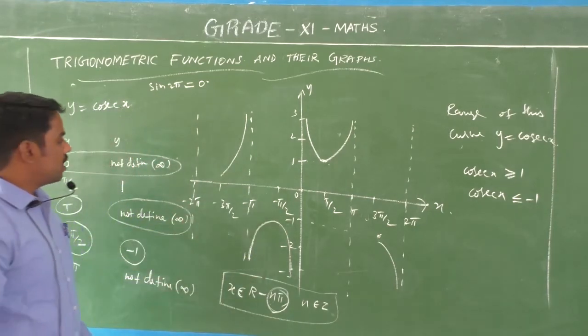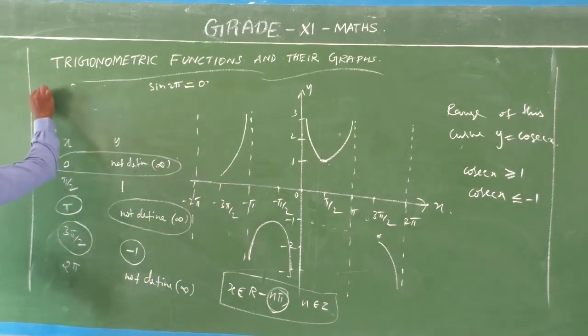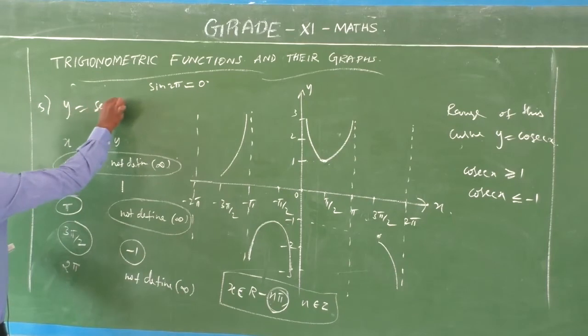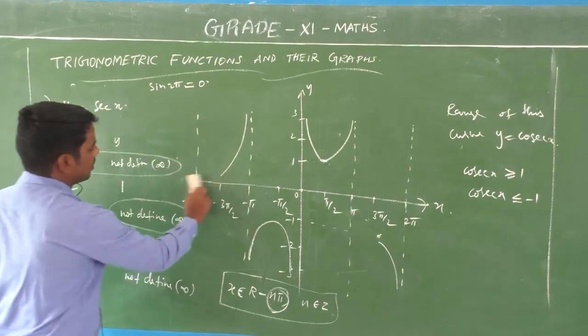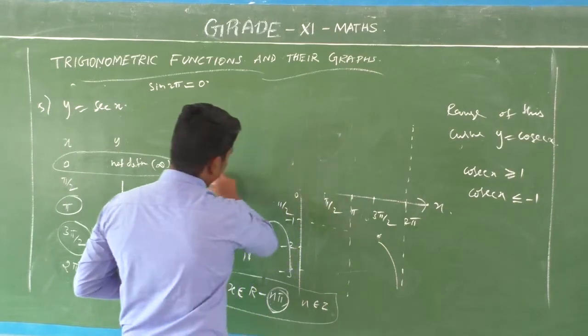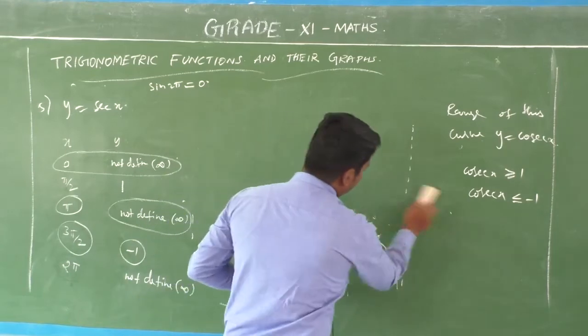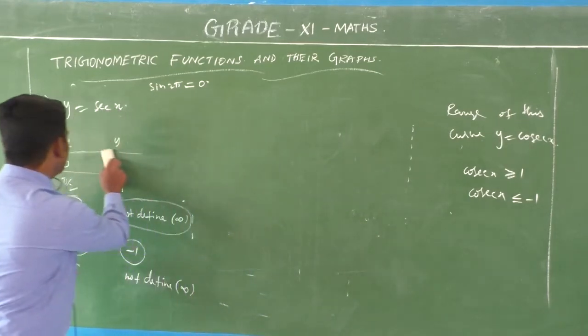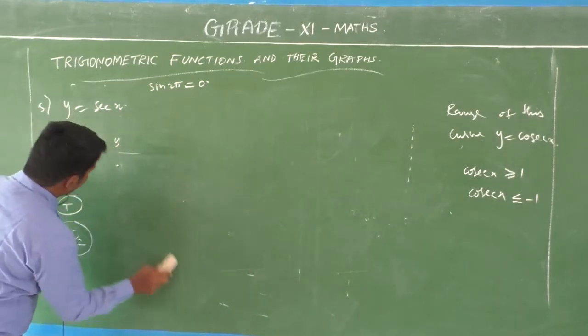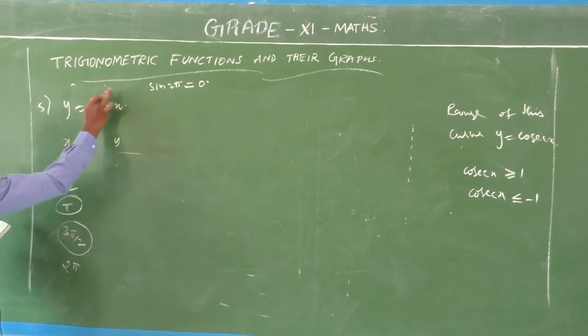Next, the fifth curve, y equal to secant x. Let us take the first complete rotation, x equal to 0 to 2 pi. At x equal to 0, y equal to secant 0.